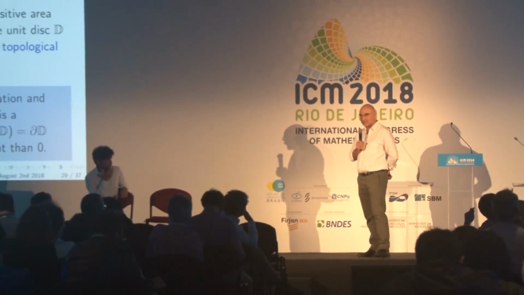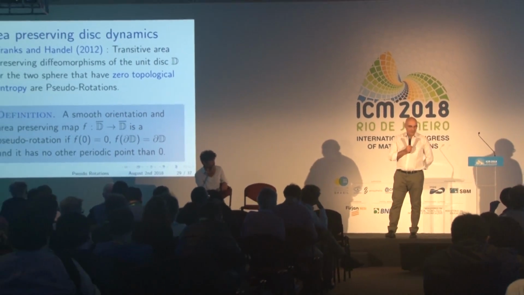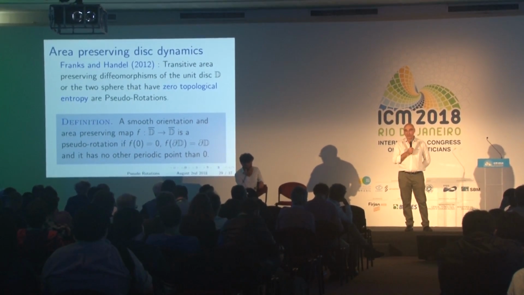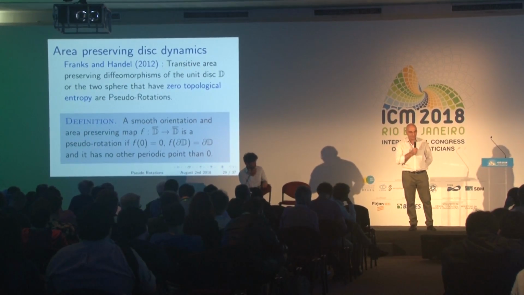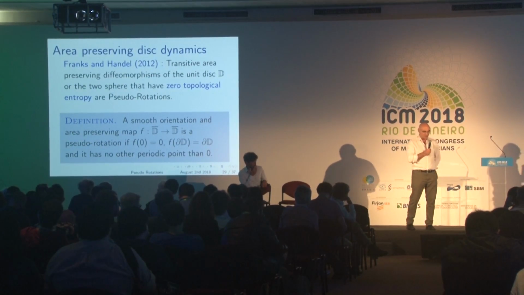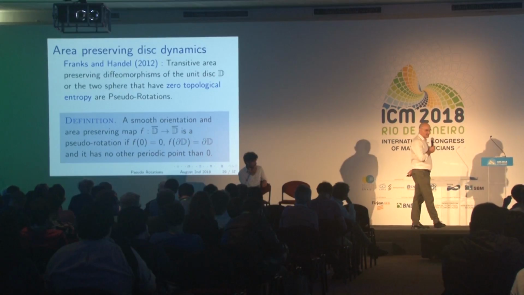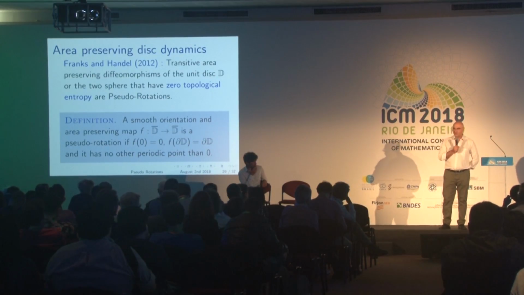They are pseudo-rotations, which means that basically they have just one periodic point, which is zero. That's a normalization. So basically, that would be our definition of a pseudo-rotation.